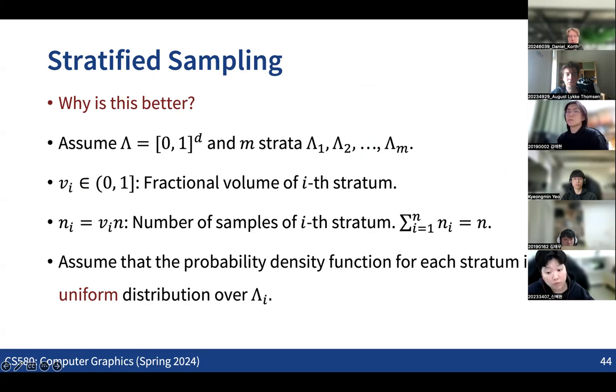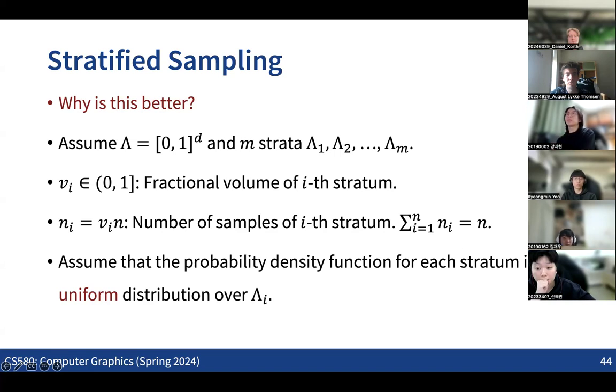Let's say Vi is the fractional volume of each stratum, the ratio of the volume of each stratum. Then let's think about a simple case where we distribute the number of samples based on the fractional area of each stratum.